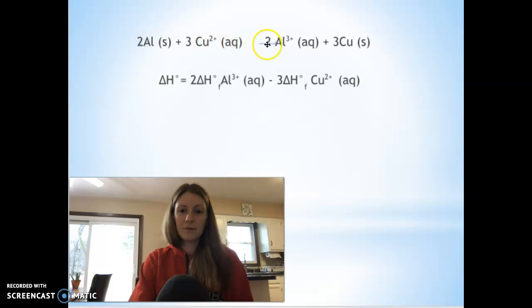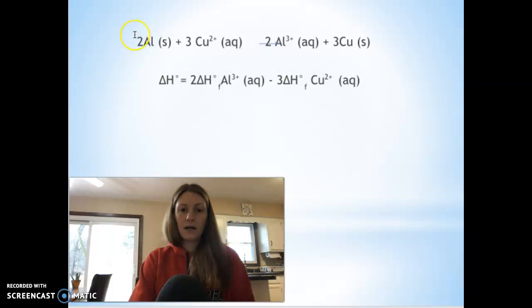So in this example here, we're going to have aluminum as a solid reacting with an aqueous copper. So this would be like a copper sulfate, something in solution where the sulfate is our spectator ion and not involved in the reaction. It's going to yield an aqueous aluminum and a solid copper. Your coefficients are going to end up being what we multiply by.